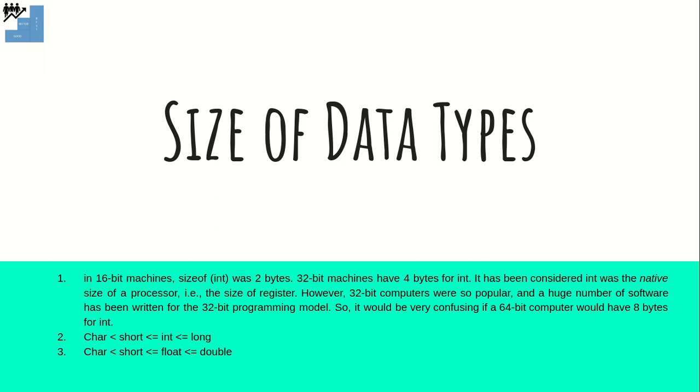Short data type will always be smaller or equal to integer data type, and integer data type will always be smaller or equal to the long data type. Okay. Same goes with float data type also, as written in the third point of the slide.